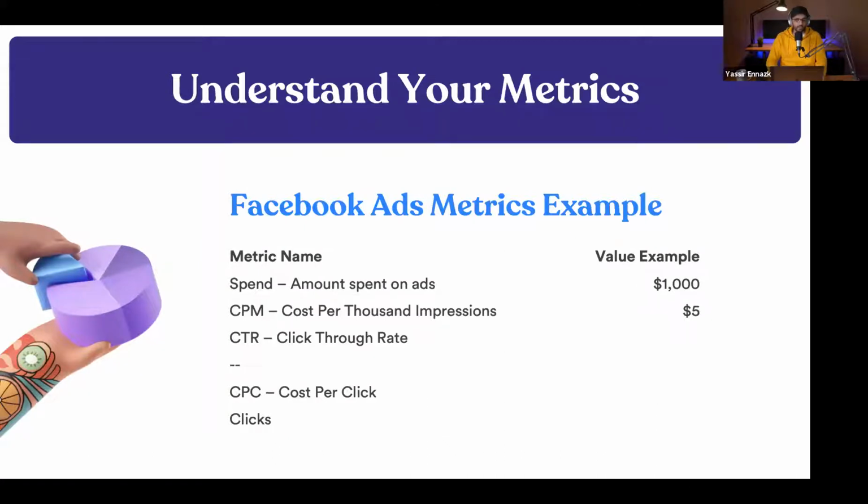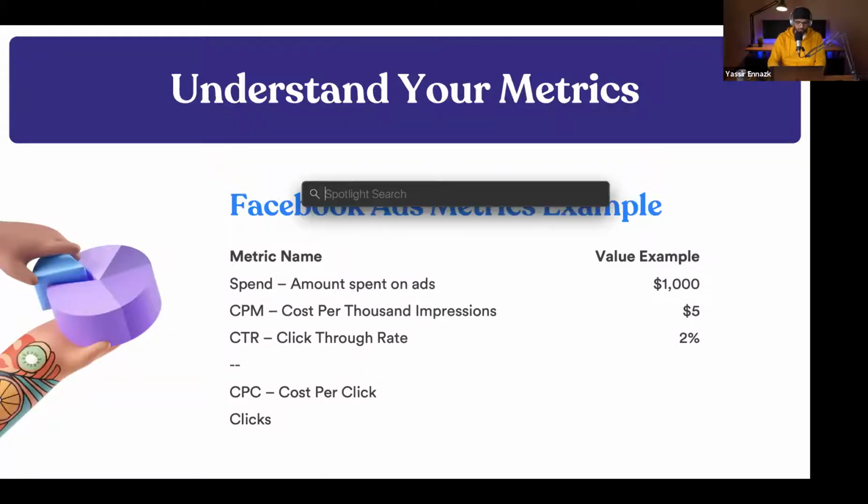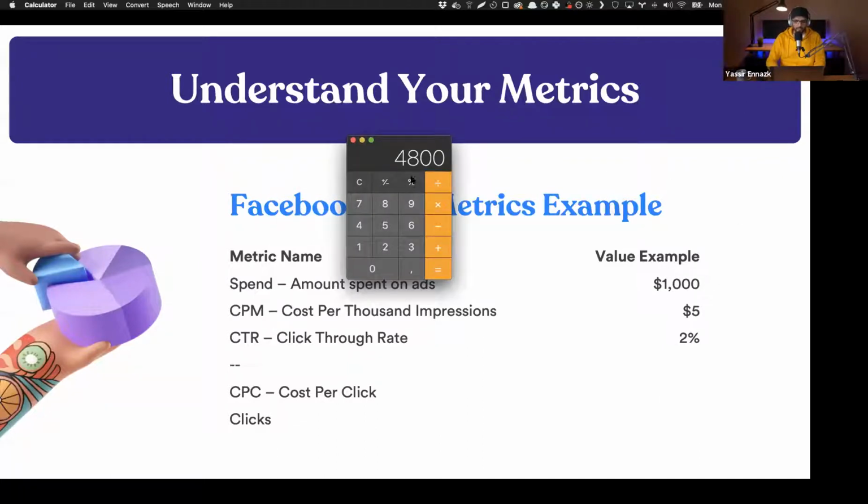The click-through rate is how many people have clicked on our ad compared to the amount of impressions that we get. So if we have a 2% click-through rate, that means we have 4,000 clicks.